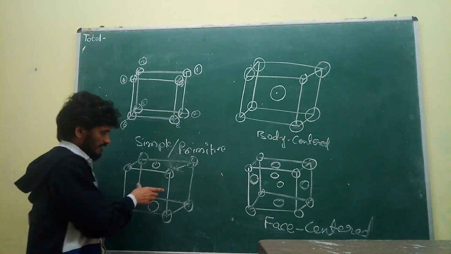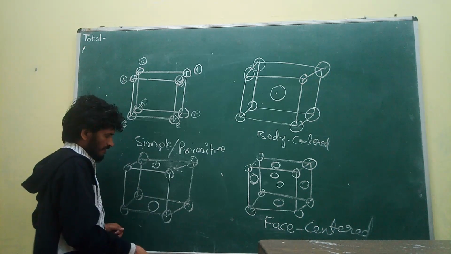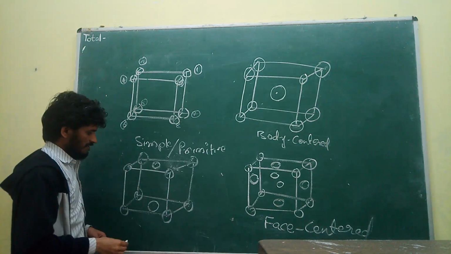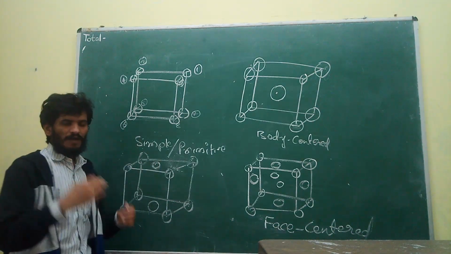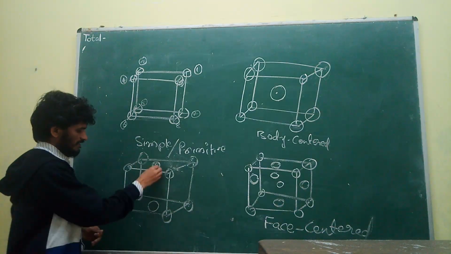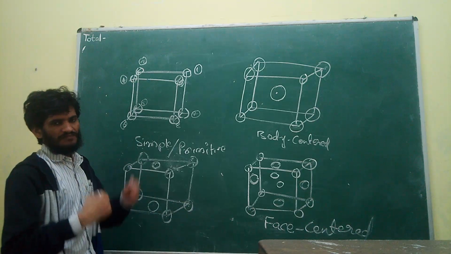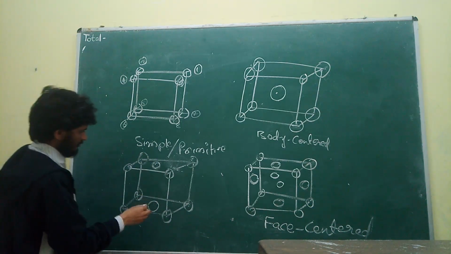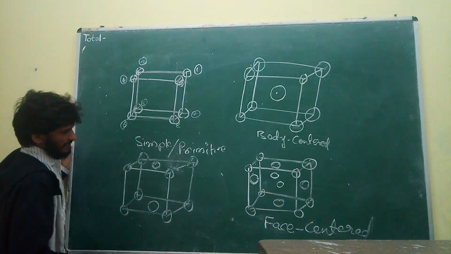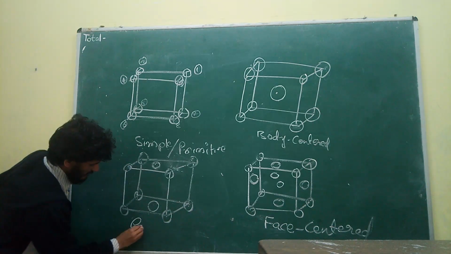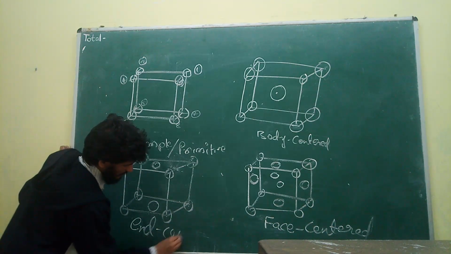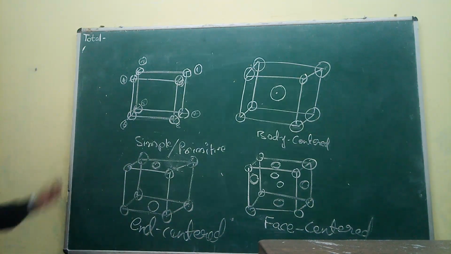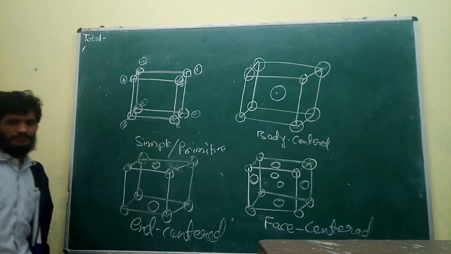When we take this cubic structure, see, the lattice points are present in the middle of the opposite faces. Okay, the lattice points are present in the middle of the opposite faces. So such a centered unit cell is called end centered. Now basically we have learned two types of unit cell.